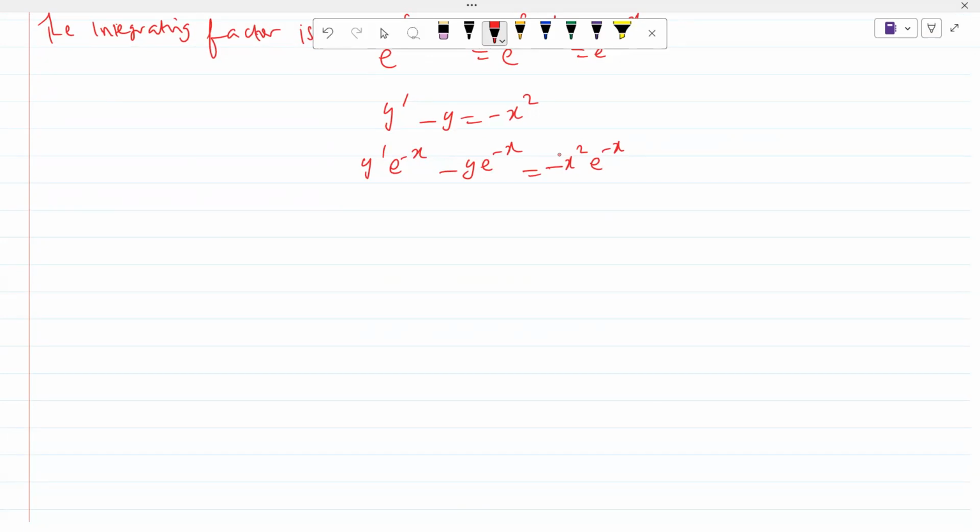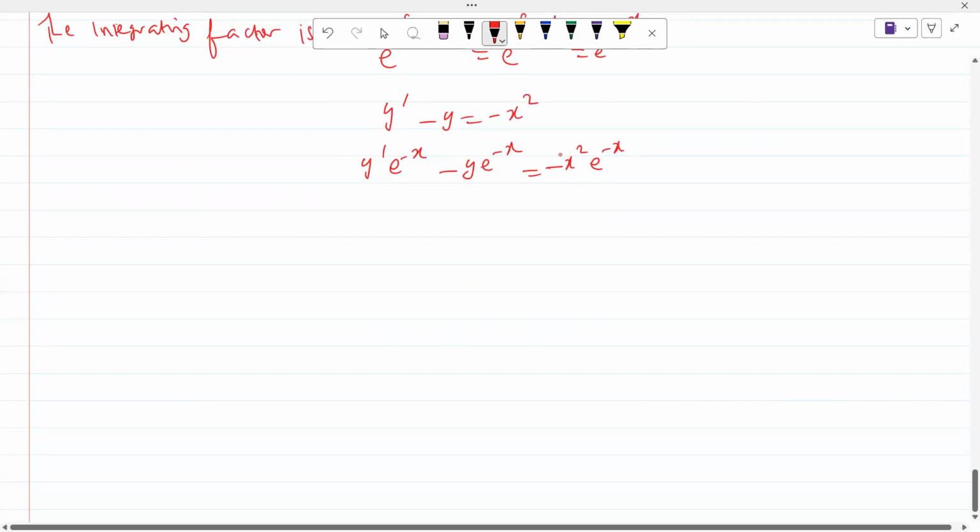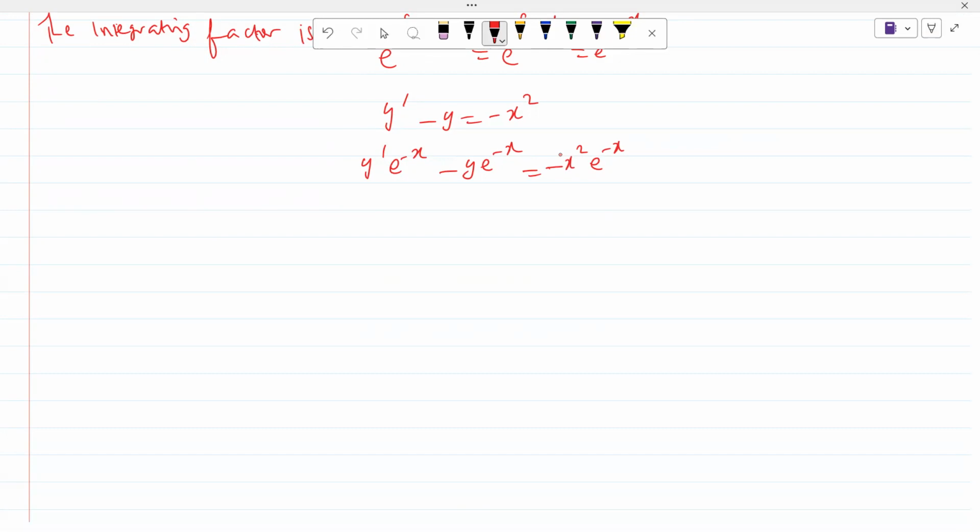We do anything possible to solve this equation. What do we do to solve this particular equation? There may be a couple of typos here. So what we do here is we want to integrate.